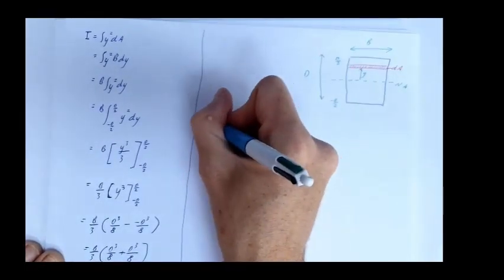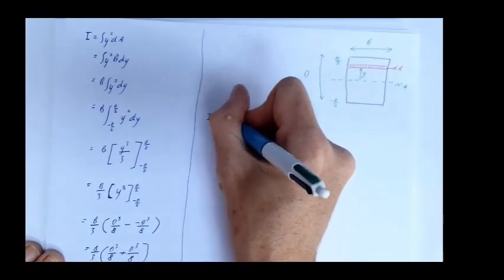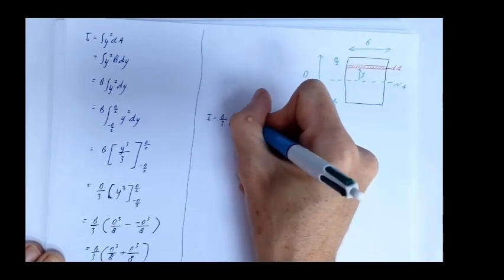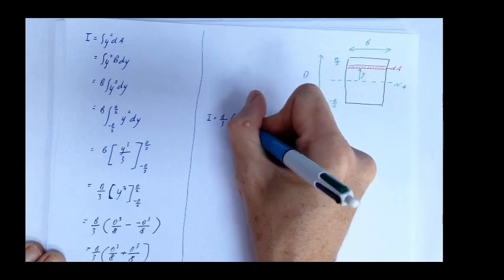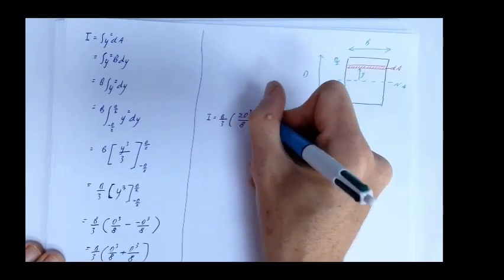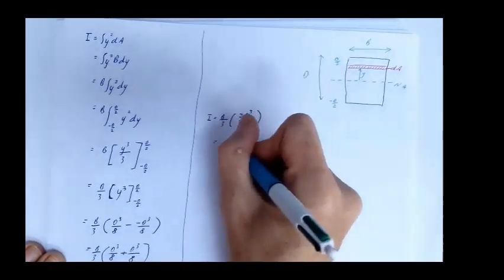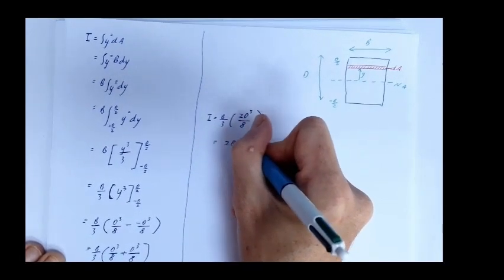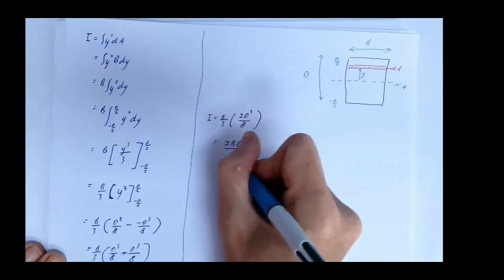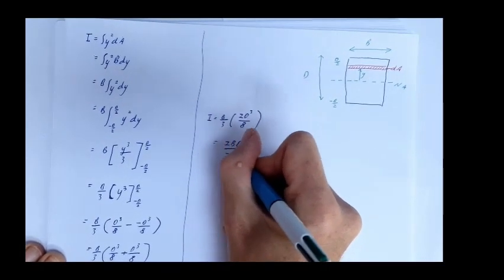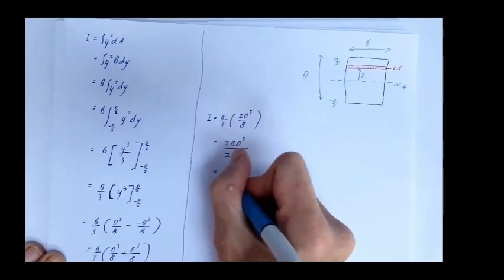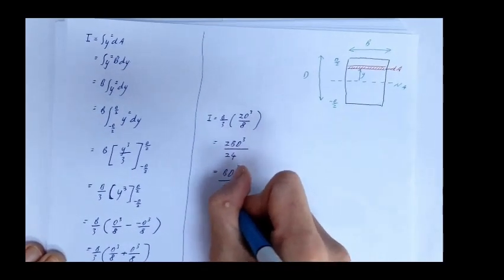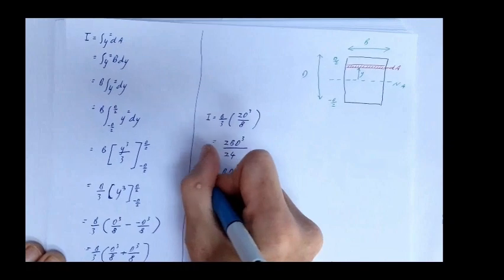So I'm calculating b over 3 times 2d cubed over 8, which is 2bd cubed over 24, which is bd cubed over 12.